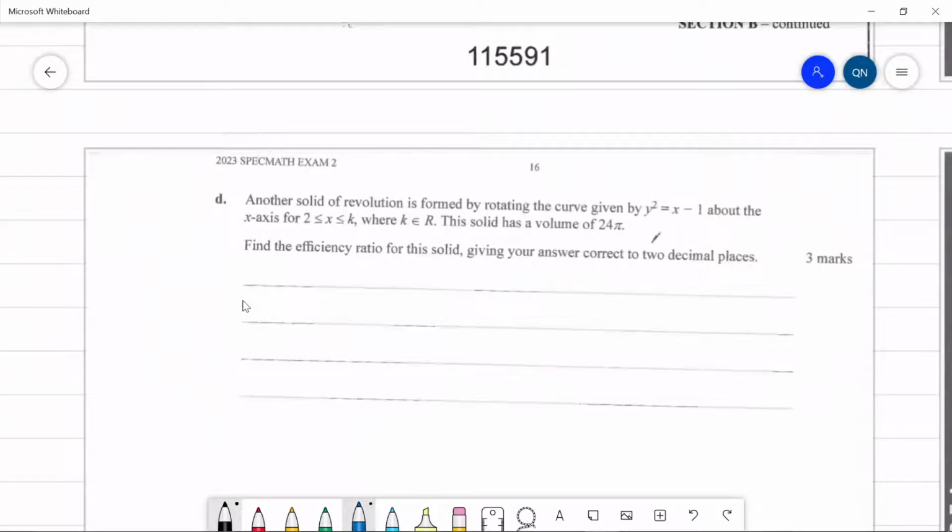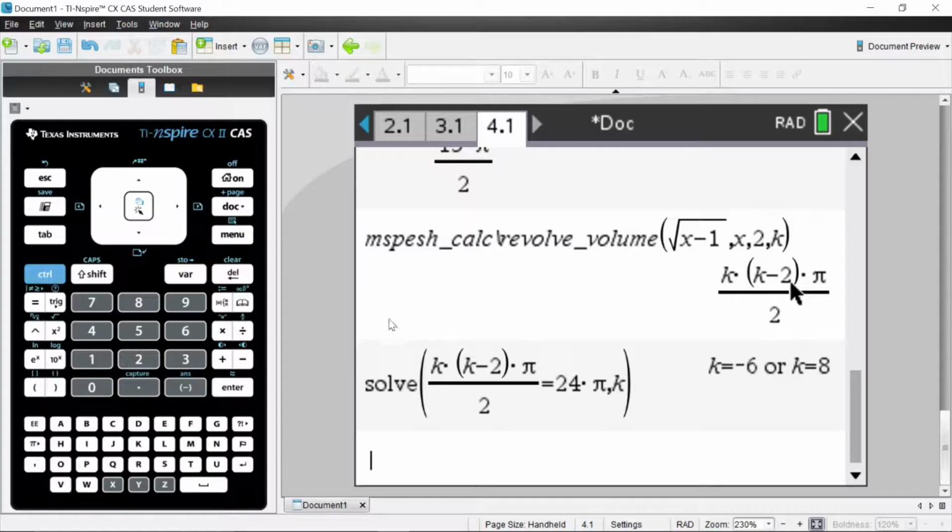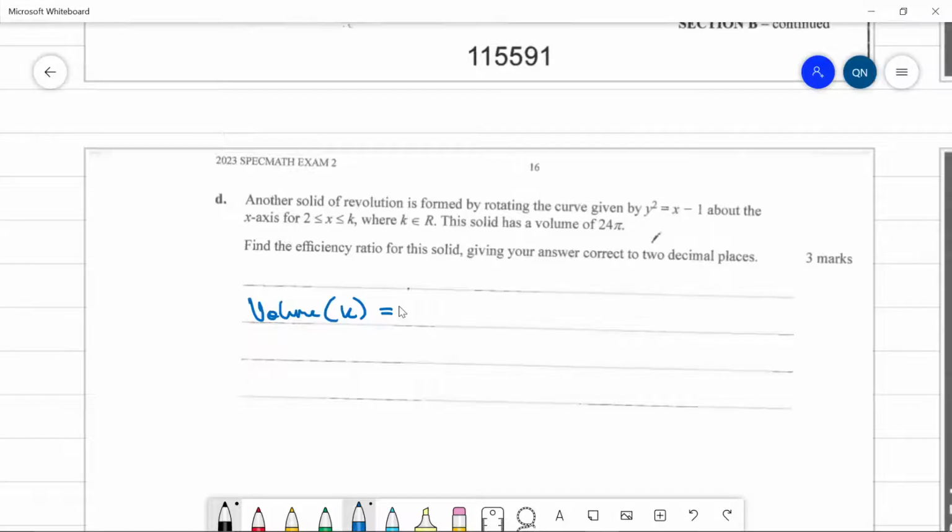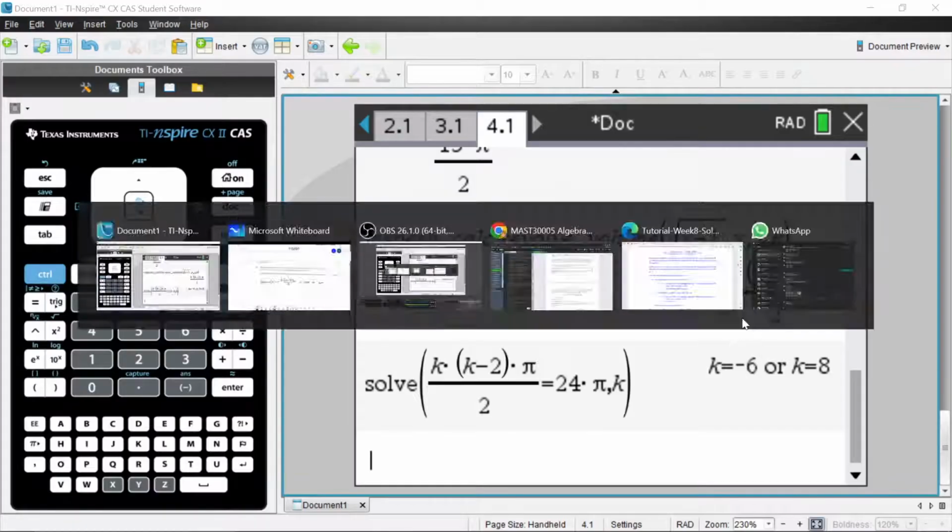K is not going to be negative, so k equals 8. So the volume in terms of k, I'll just write down some workings: k minus 2 divided by 2 times pi, and we set this equal to 24 pi, and this tells us that k is equal to 8.